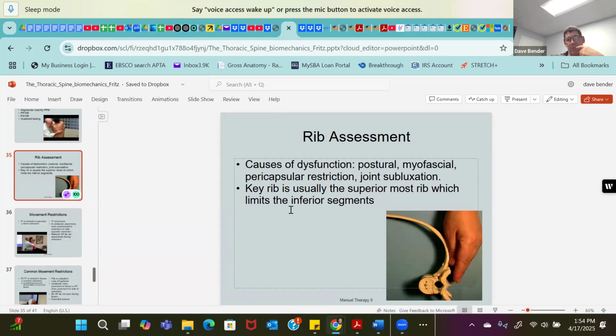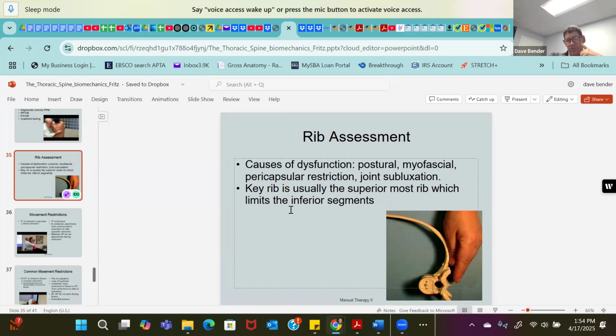And again, you often find here, we'll talk about the key rib, which is usually the superior segment, which limits the inferior segment. The way we think about that dysfunction is, let's talk about a right rotation. If I feel like this right rib is stuck to the right and it won't translate left, often what you're also going to feel is a rib bump on the lateral angle of the rib, where that rib feels like it sticks out a little further on the lateral side.